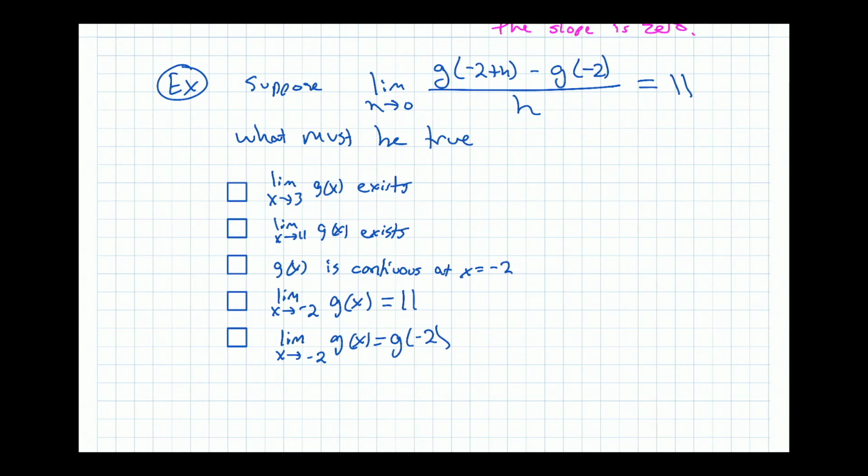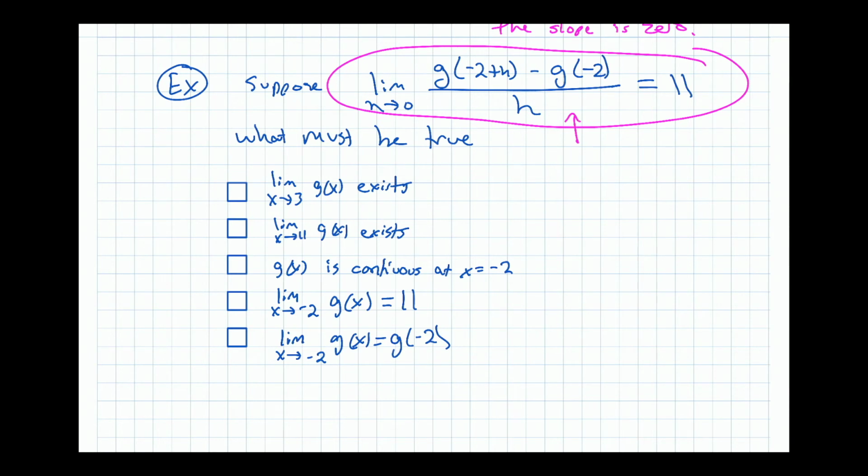And so we need to understand what we're being told with this. So what does this statement say? So first thing you need to understand is on the left, what is that? You're supposed to recognize it as a derivative, right? This is a derivative.